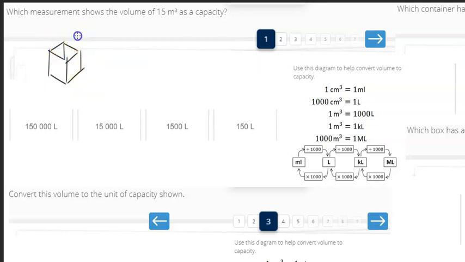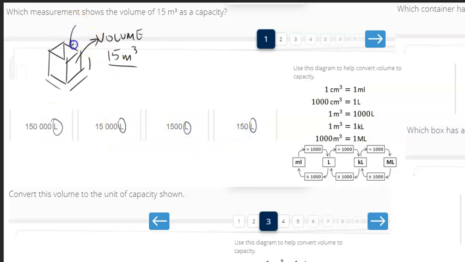If you were to get the volume of this, the volume is 15 cubic meters. So length times width times height, when you multiply it all together, it will give you a cubic meter volume of 15. Now we're trying to figure out what's this as a capacity in regards to liters.